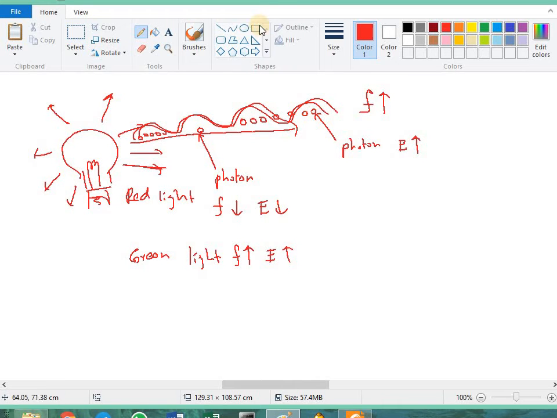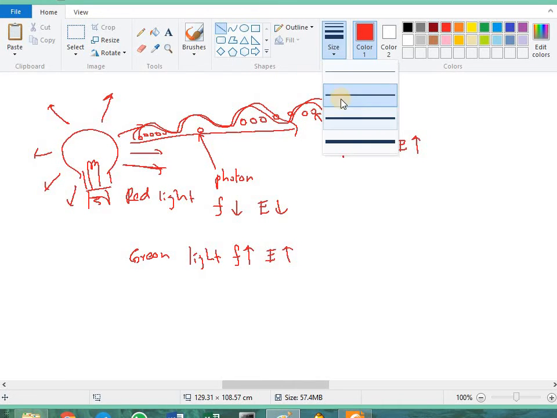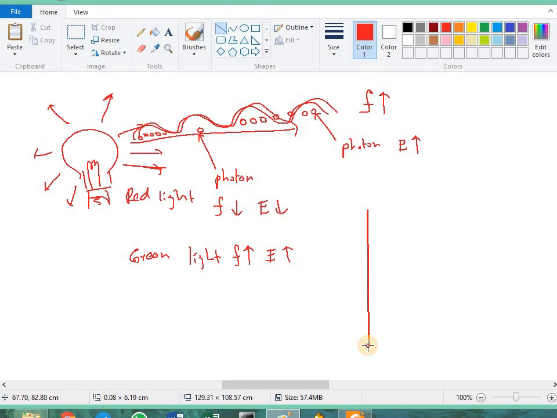So the relationship between the energy and the frequency is that they are directly proportional.